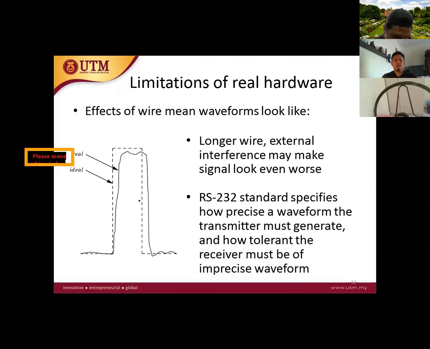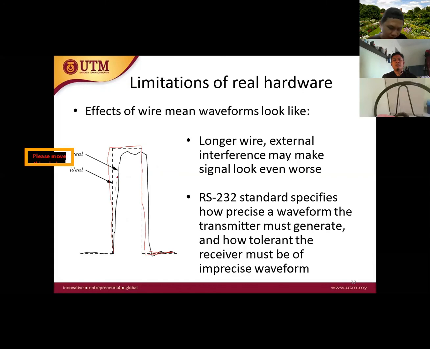Okay, this is the limitation of hardware, the effect of the wire. We want to send a nice square edge. That's ideal. But due to interference and resistance on the transmission line, the signal will be distorted.